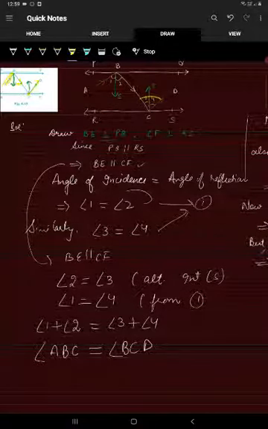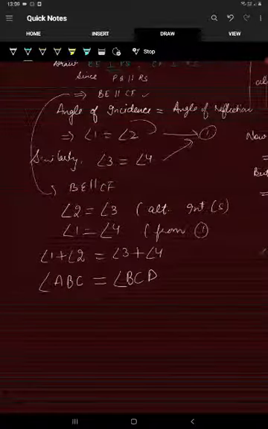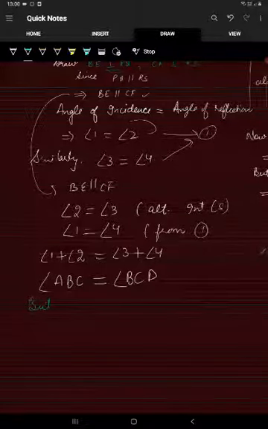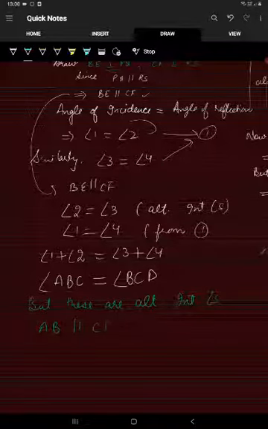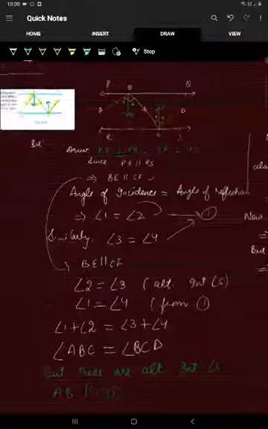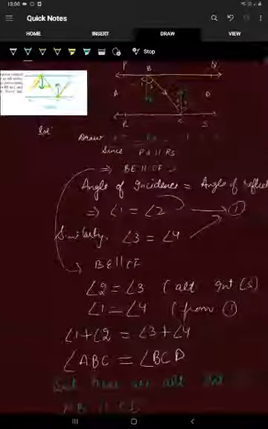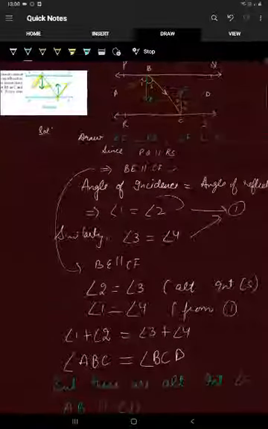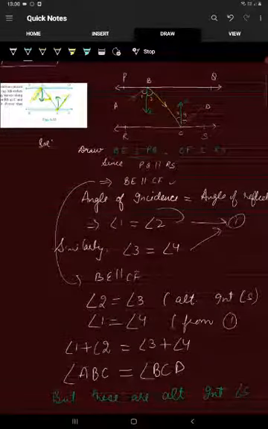If these two angles are equal, BC acts as a transversal and these two angles are alternate interior angles. Therefore the line AB will be parallel to CD, again by theorem 6.3. So dear students, by applying the laws of reflection and the concept of alternate interior angles, we proved that line AB is parallel to CD.